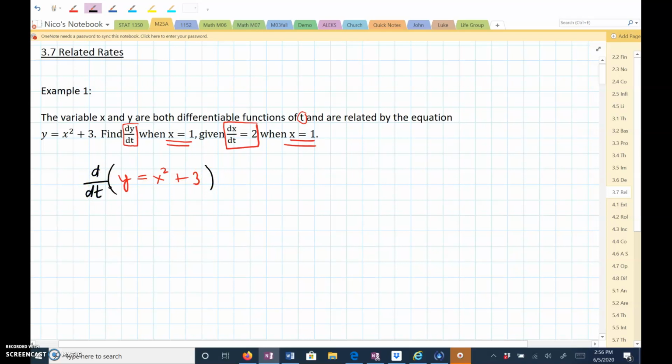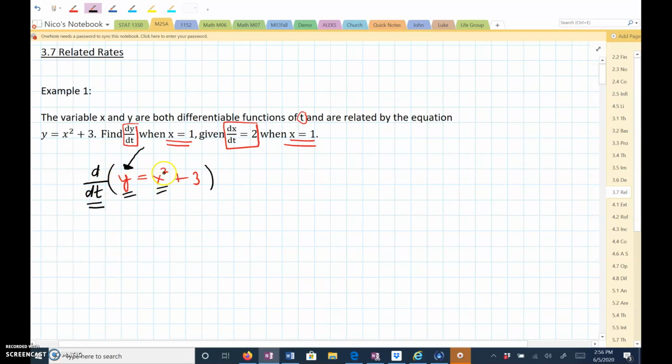So I'm going to have to do implicit differentiation. The reason why, and this might sound a little bit confusing, is that I'm taking the derivative here with respect to t when that's a y.